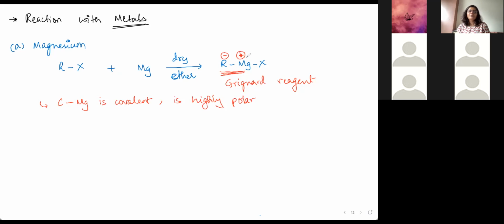You always have to prepare it freshly for whatever reaction you need. It is so polar that it's basically ionic. So whatever slight trigger you provide, it's going to split into R minus and Mg plus. That makes it extremely reactive, to give hydrocarbons. So you get hydrocarbons with any source of proton.